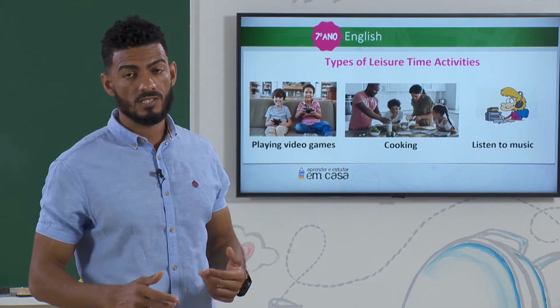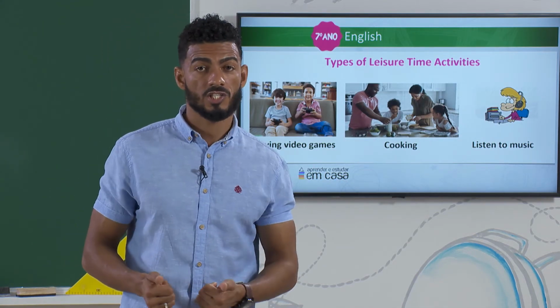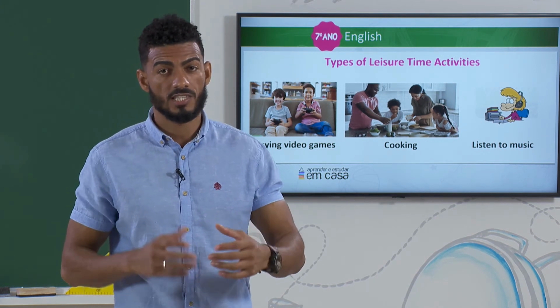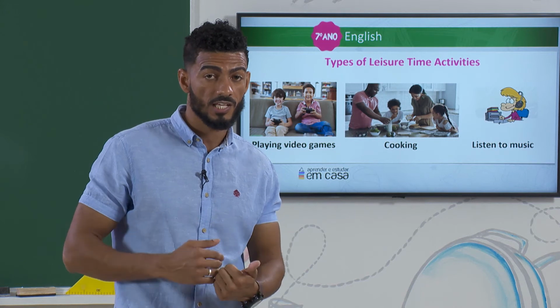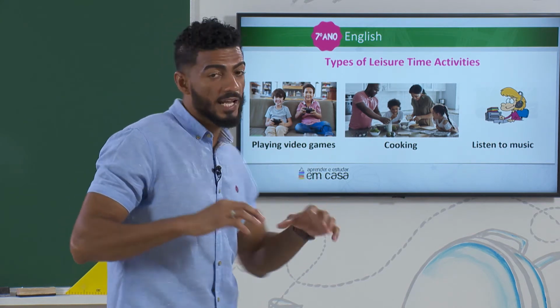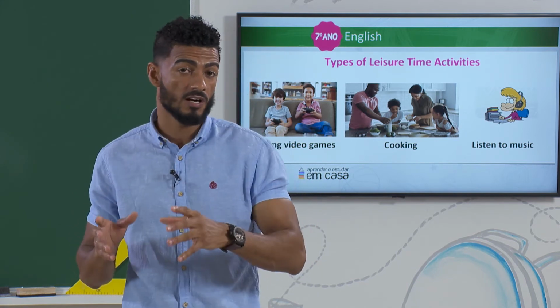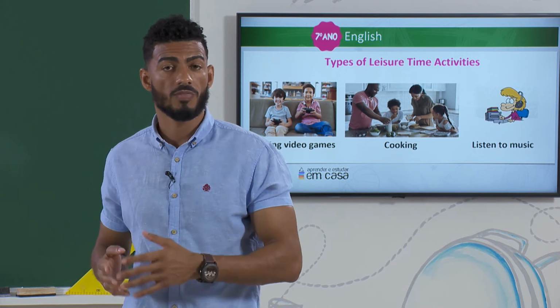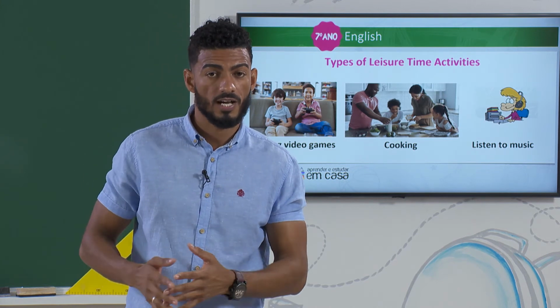So we have seen some types of leisure activities. Among those leisure activities that we've seen here, we can identify some that are indoor activities and some that are outdoor activities.